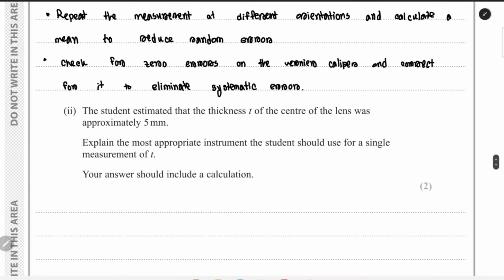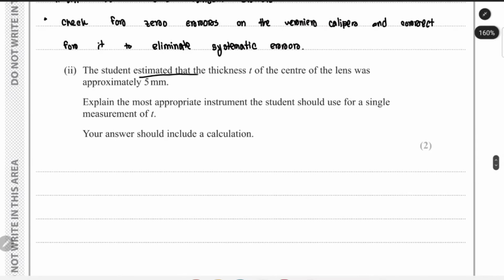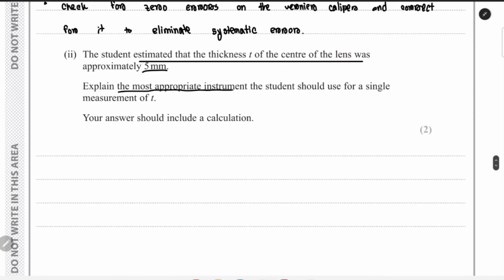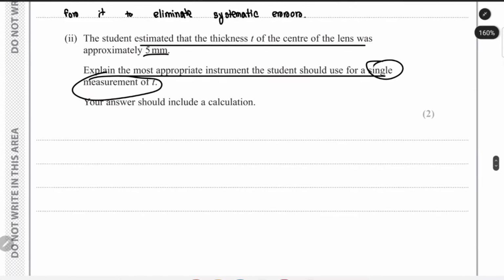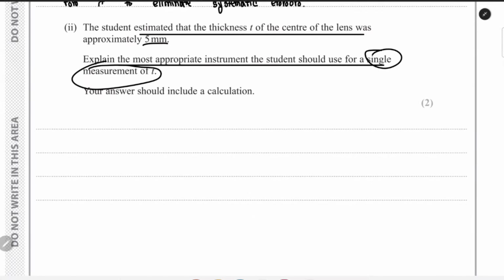Now we are told in the next part that the student estimated that the thickness of the center of the lens was approximately 5 mm. We have to explain the most appropriate instrument that the student should use for a single measurement of t. So we are not using repeats. Since this is only 5 mm, we should do it with a micrometer screw gauge. And to justify it, we have to calculate the percentage error.